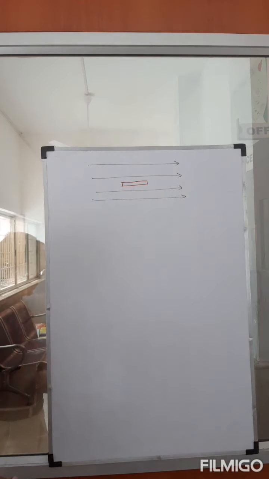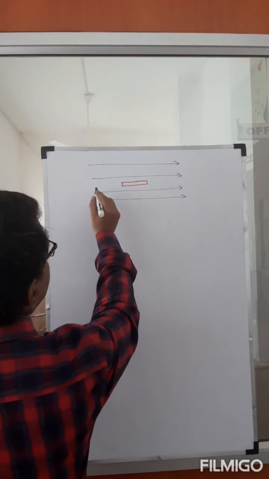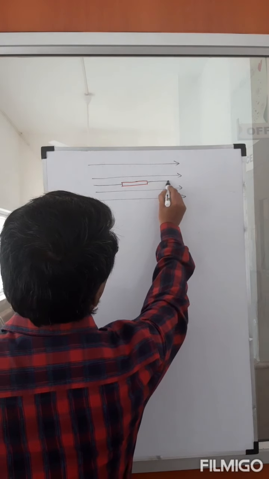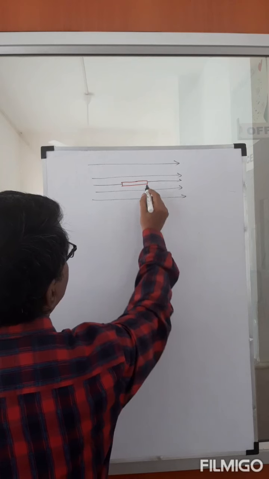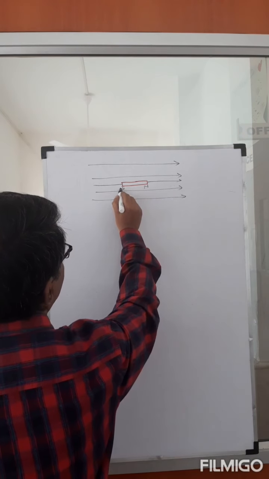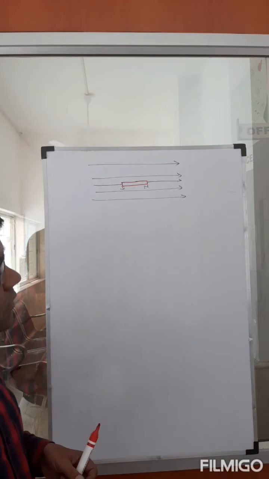This is my bar magnet, let's say. So this is going to align with this field. So this is my north and this is going to be my south. So this is how it is aligned.